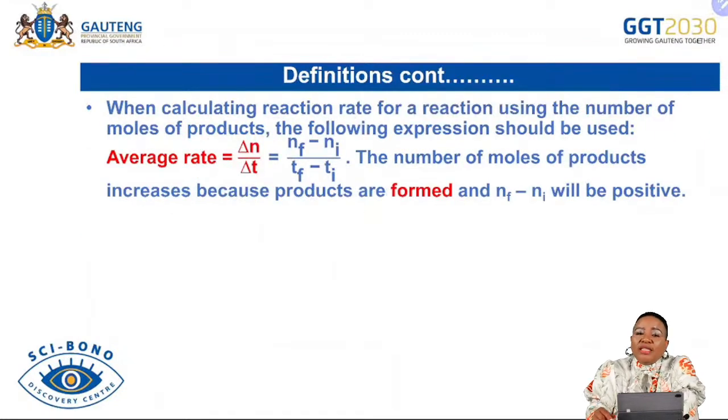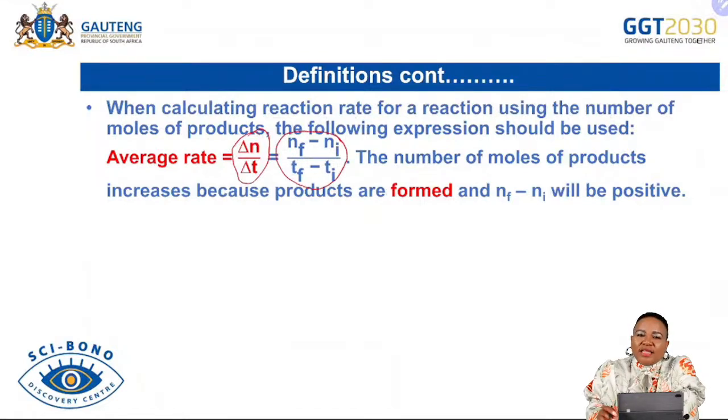However, when you are calculating the average rate of the product, you are not going to include a negative sign, because we know that we are going to start our product at 0 and will end at a certain number of moles or mass or volume. It depends on what it is that you are calculating. Therefore, we don't include a negative sign when we calculate the rate of the product.